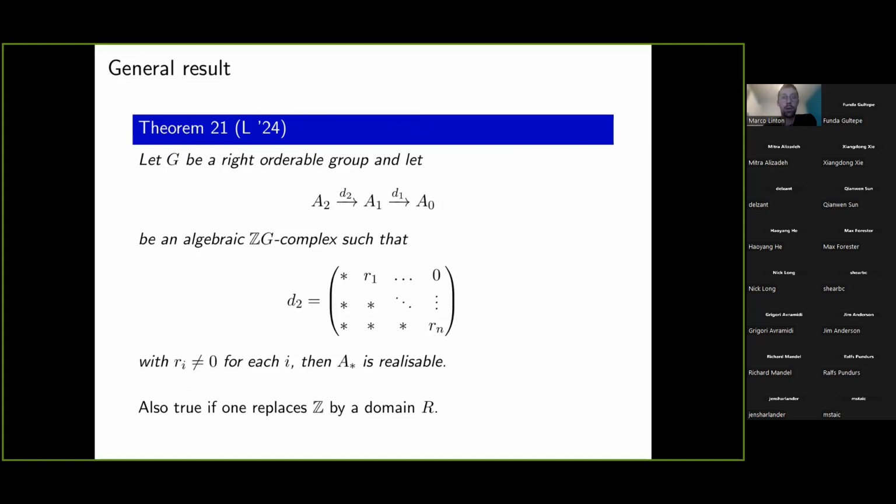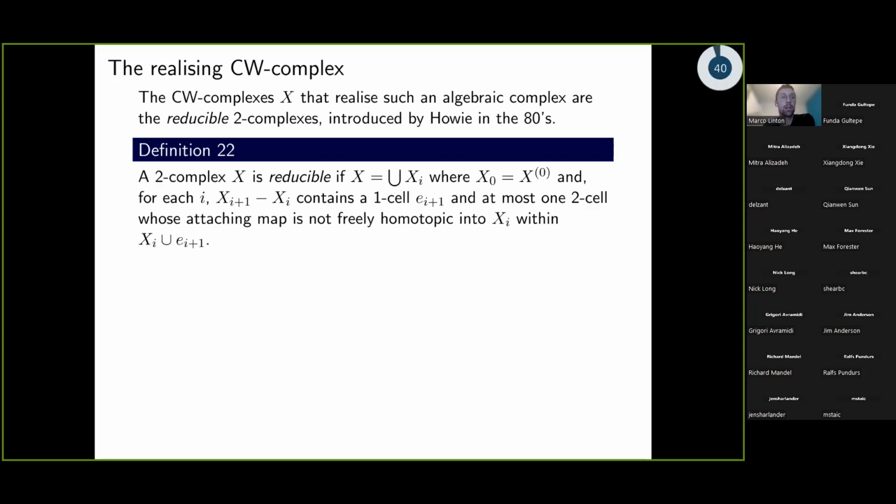So what are the CW complexes that actually are realized by such complexes? Turns out they're realized by CW complexes which were studied by Howie in the 80s, called the reducible complexes.